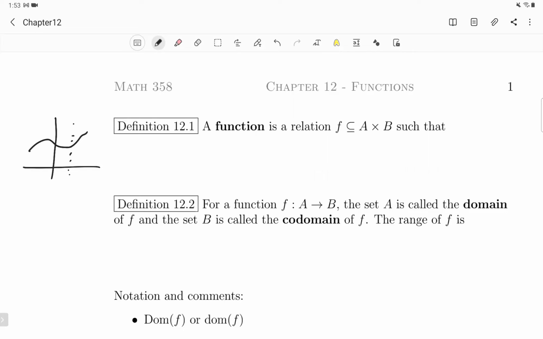We're also going to need the fact that the function has to use all of A, okay?